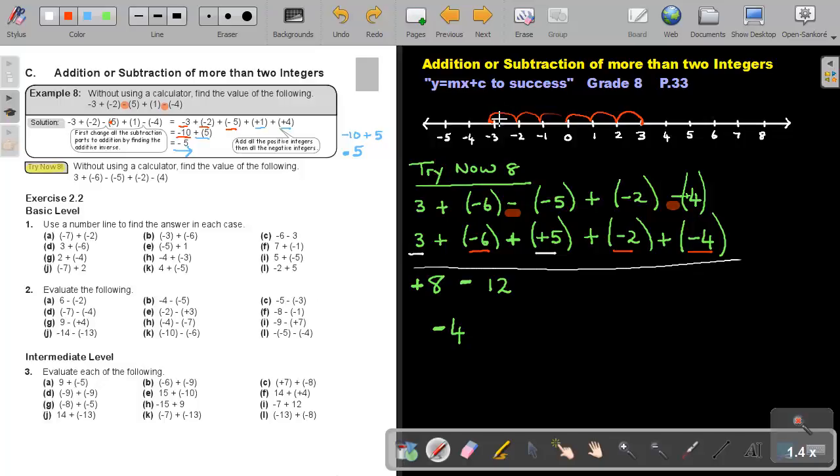Then I move positive 5: 1, 2, 3, 4, 5. Then I move negative 2: 1, 2. And then I move negative 4: 1, 2, 3, 4. And my answer will also be negative 4.